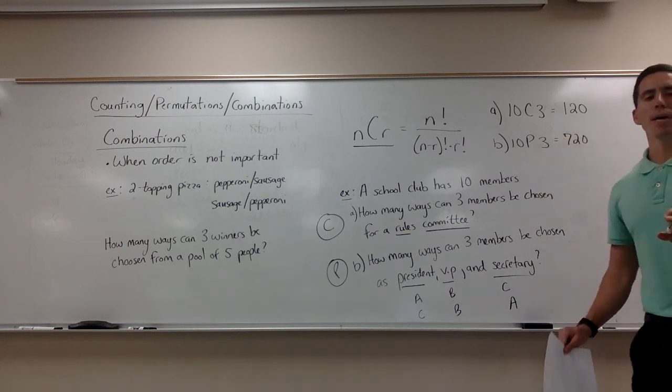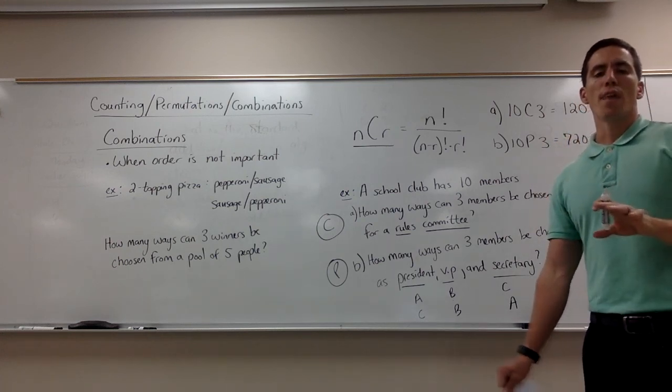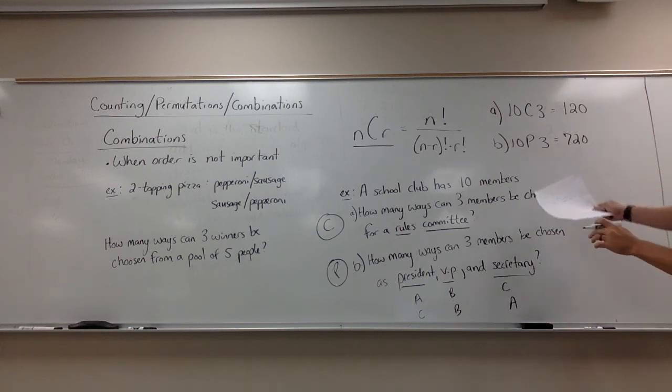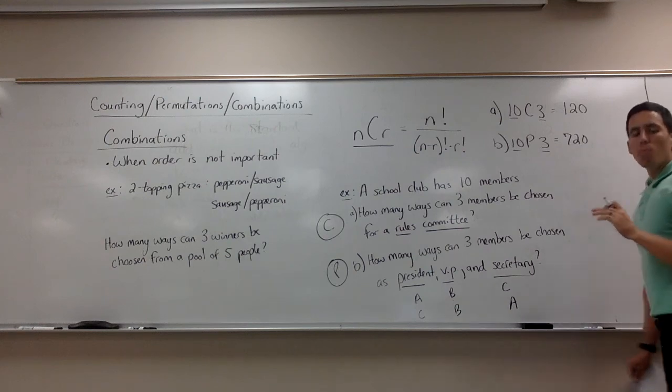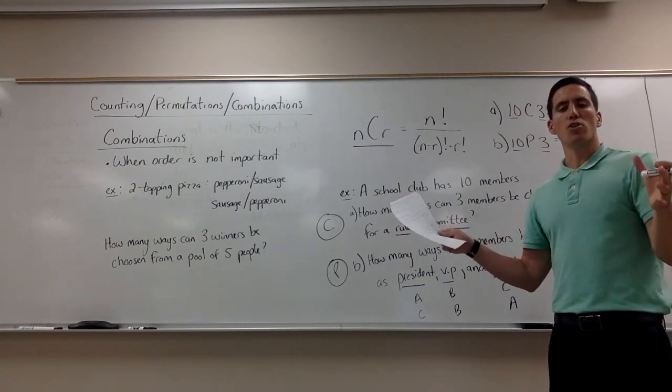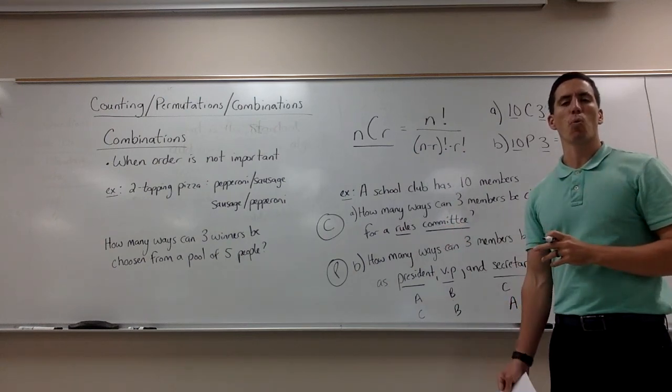Now, hopefully it makes sense to your intuition that, everything else being equal, so notice the 10 and the 3 are the same in both of these, a permutation is going to have a lot larger answer. Let's think about why that is.